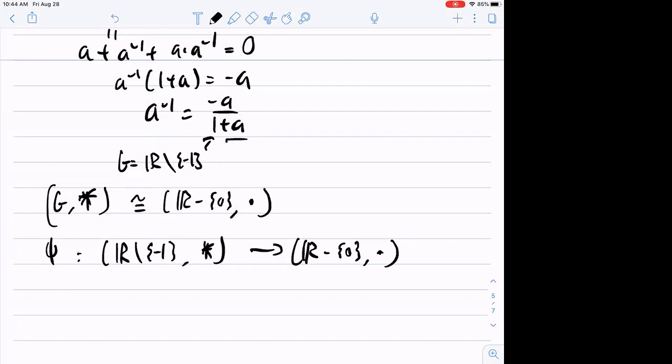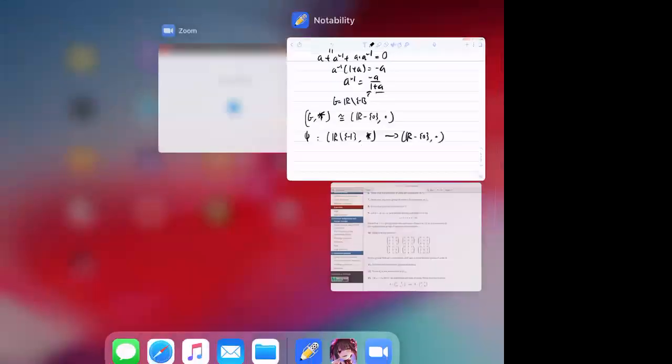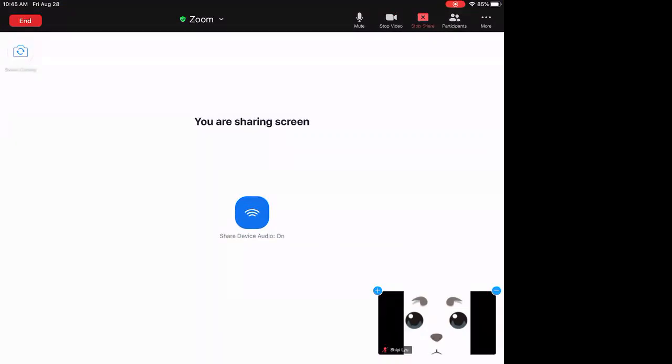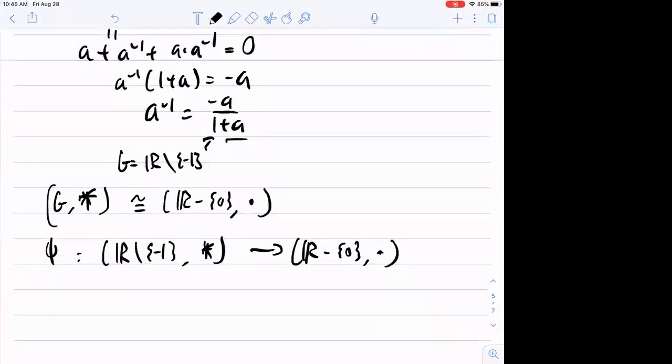So how do you go from -1 to 0? This should be easy. What can you do to the number -1 to make it 0? +1. That should be your first guess. I need to somehow get rid of the two problematic points, so let's map A to A plus 1.